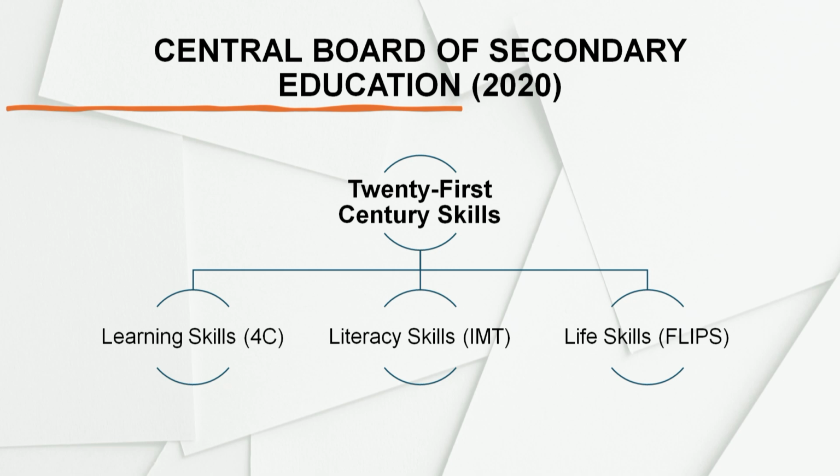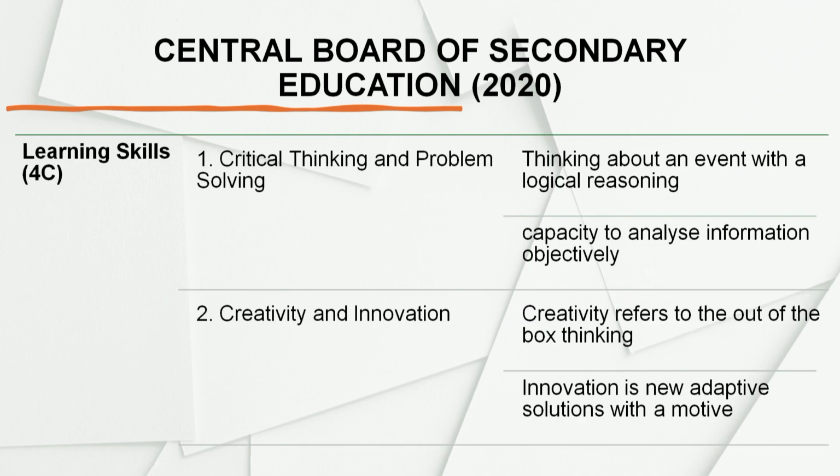Now, if we look at them one by one, the learning skills include the 4 C's: critical thinking, creativity and innovation, collaboration, and communication. Critical thinking and problem solving deals with thinking about an event with logical reasoning and the capacity to analyze that information objectively.